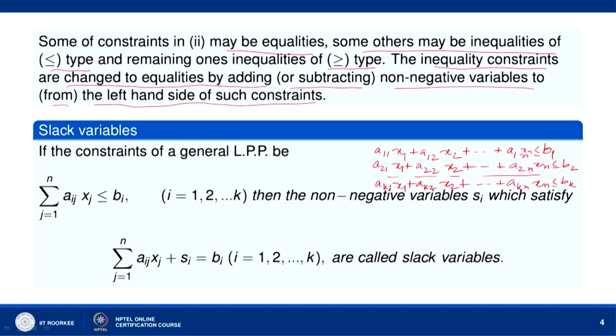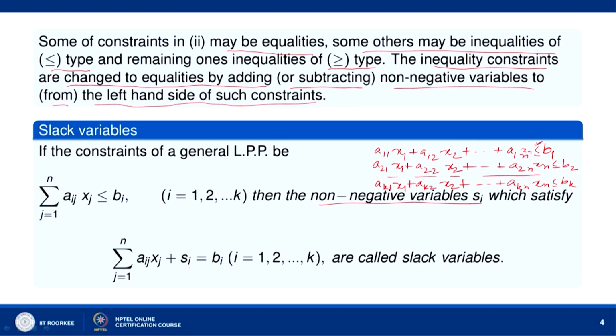So, suppose there are k inequalities of less than or equal to type, given by sigma j equal to 1 to n, aij xj less than or equal to bi, where i takes values from 1 to k. Because these are of less than or equal to type, we add non-negative variables Si to the left side of such constraints to make them equalities.